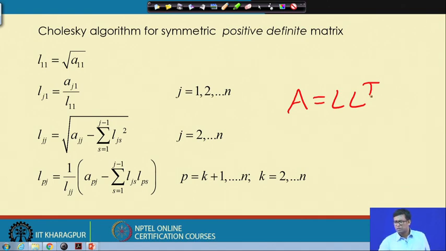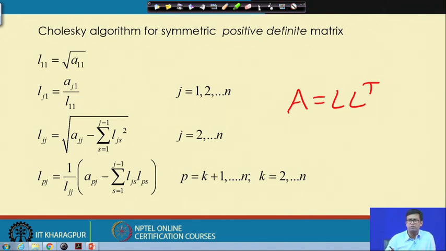These algorithms are relatively fast and have been utilized in a number of cases for getting the solution. Instead of Ax equal to b, we are solving LUx equal to b, and these algorithms are useful for that. There are a few other applications of LU decompositions also.